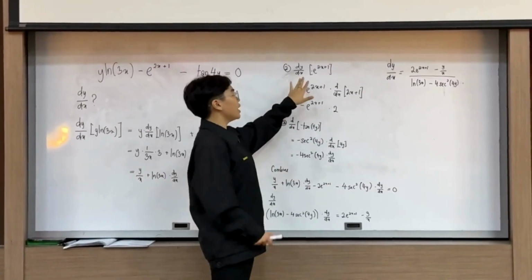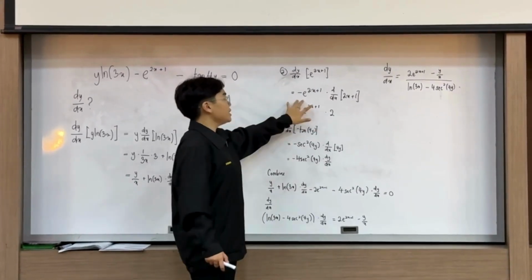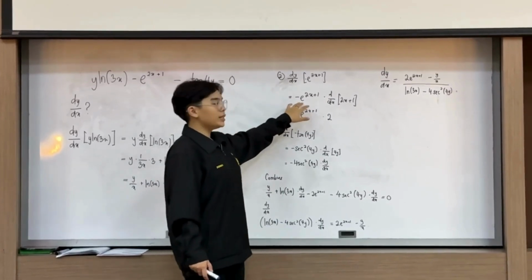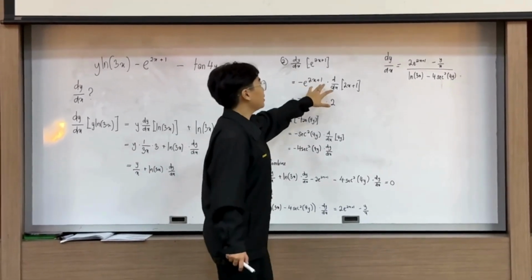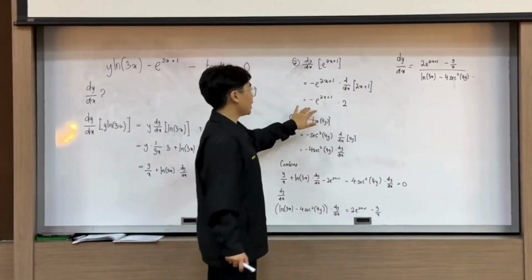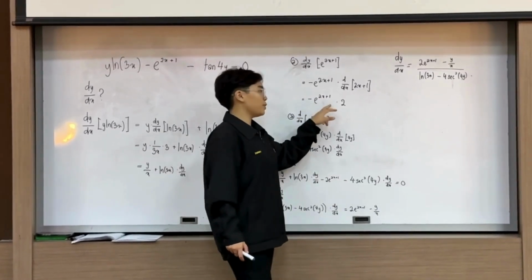The second step is we differentiate e to the power of 2x plus 1. It will become e to the power of 2x plus 1 times the differentiation of the function, that is 2x plus 1, which is 2.